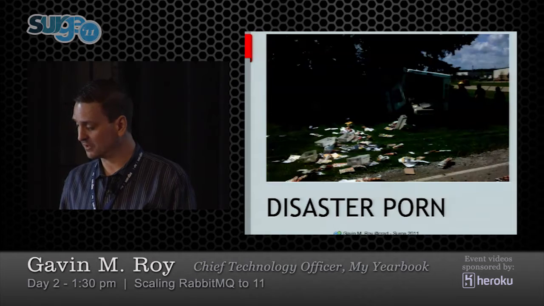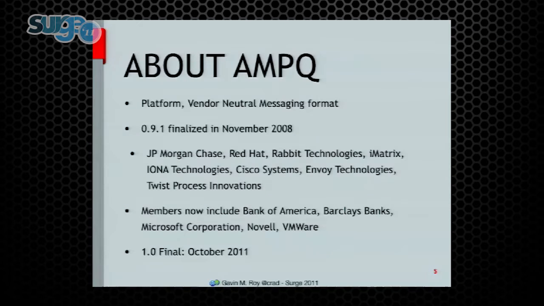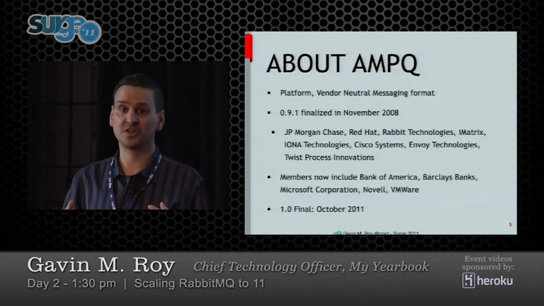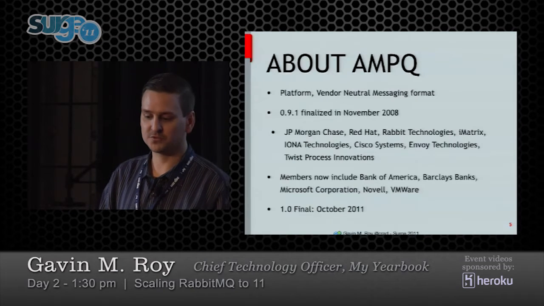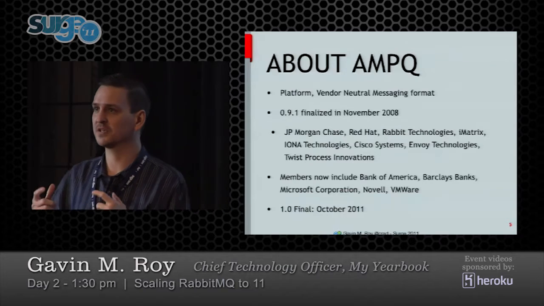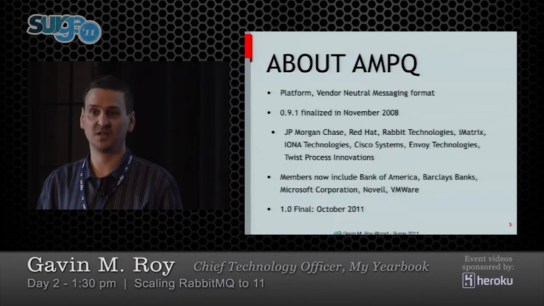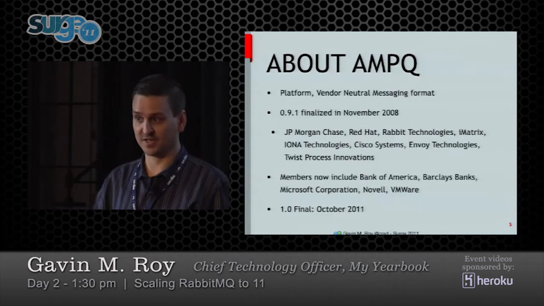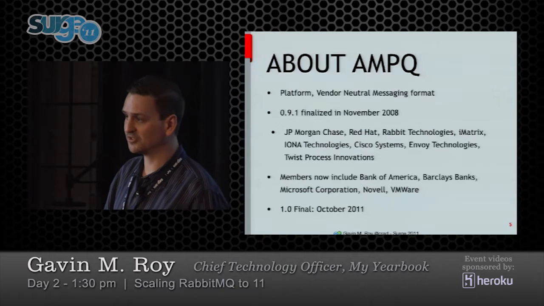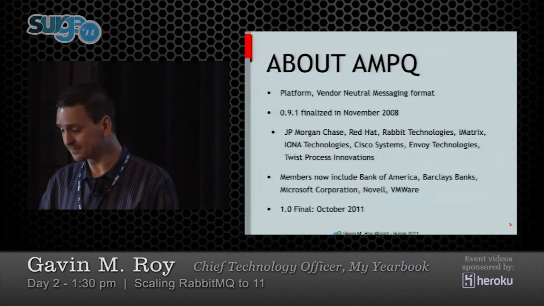But first, let me talk a little bit about AMQP, because to understand RabbitMQ it's important for you to understand AMQP, which is the underlying core protocol, and how RabbitMQ was engineered to work. Its primary focus is around AMQP, even though it supports other protocols, including XMPP, SMTP, HTTP, and others.